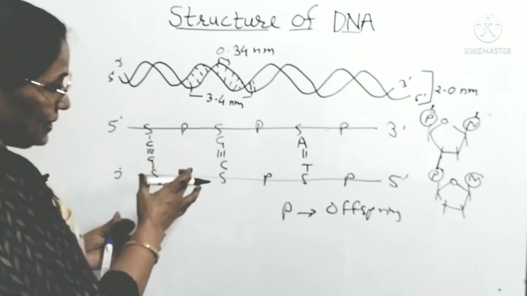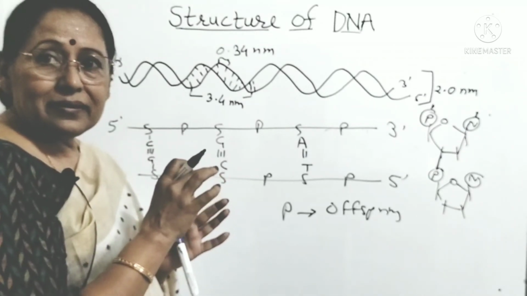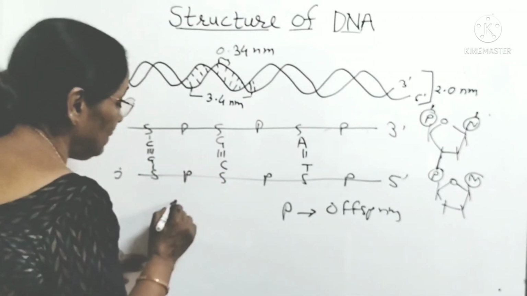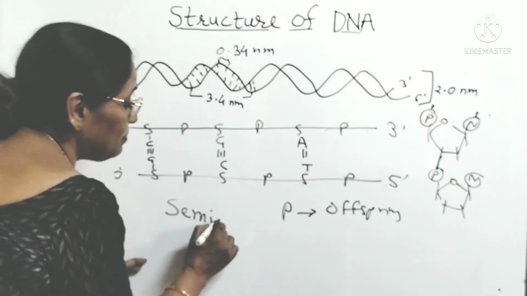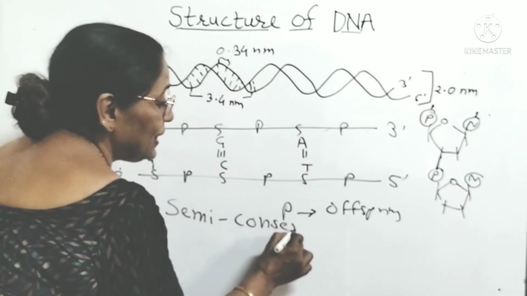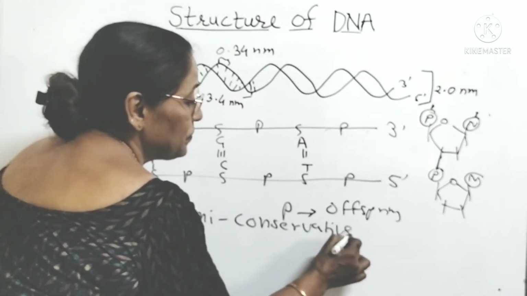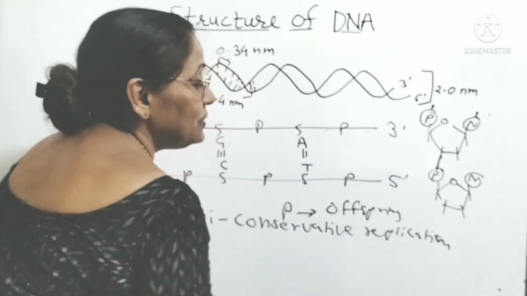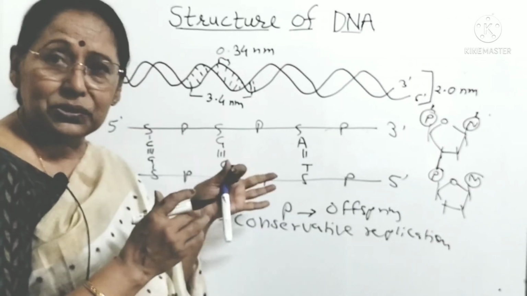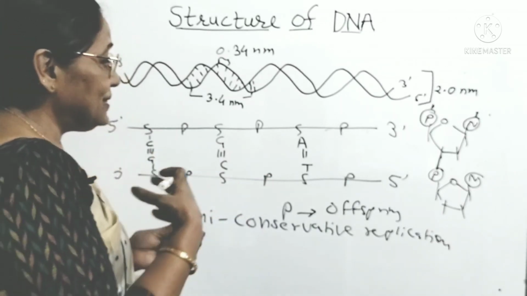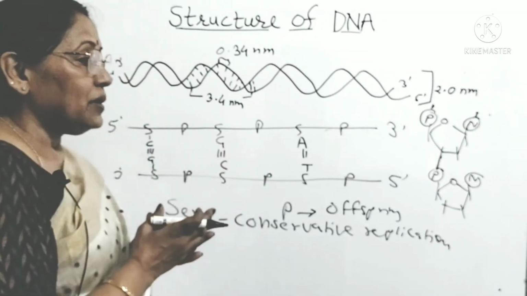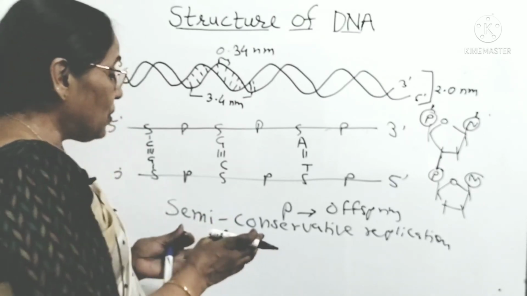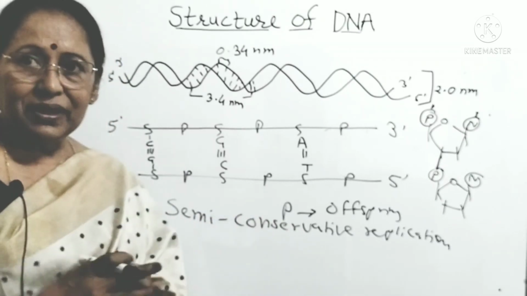They looked at it and they said the DNA must be replicating by a semi-conservative type of replication. What is semi-conservative type of replication? Can you also think of yourself as Watson and Crick? Look here, and can you hypothesize what could be semi-conservative type of replication?